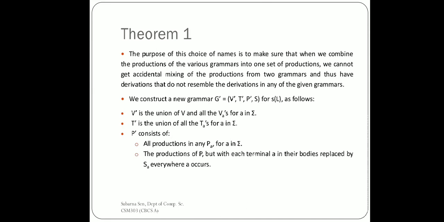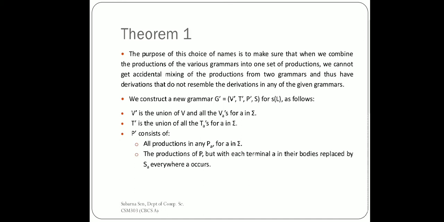Okay, now we will be constructing a grammar G dashed having V dash, T dash, P dash and S for S(L). How are we going to do it? If you remember, we have chosen two grammars. One is G, the original grammar.